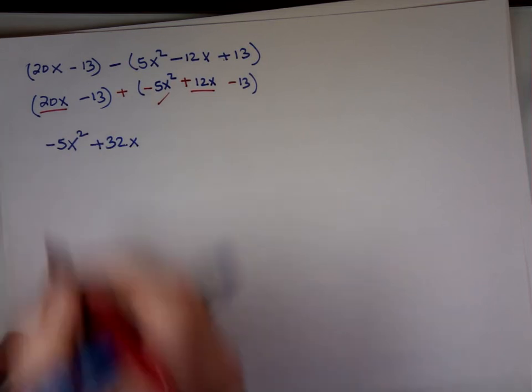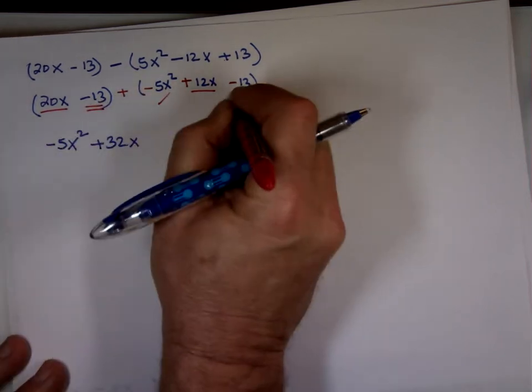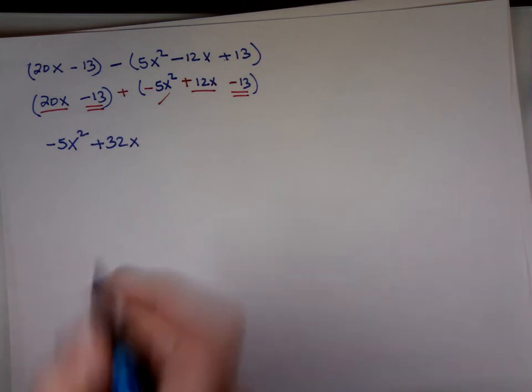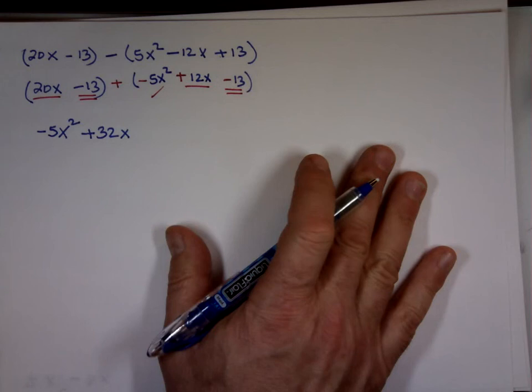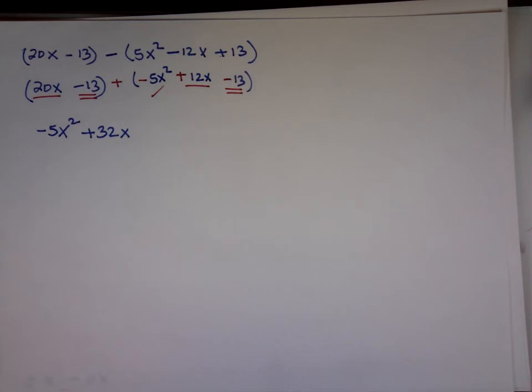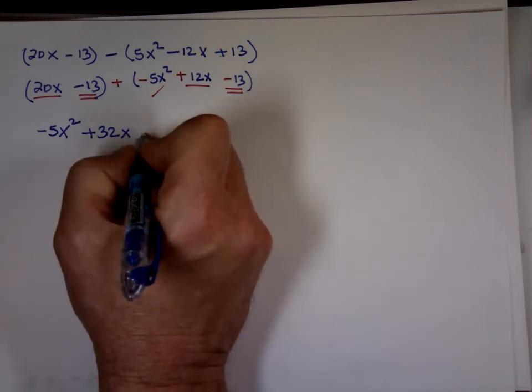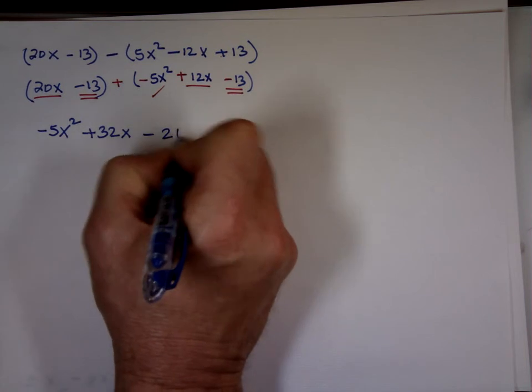Minus 13 plus a minus 13. What do we have here? Minus 13, minus 13. 26. Minus or positive? Negative. Negative 26. Okay.